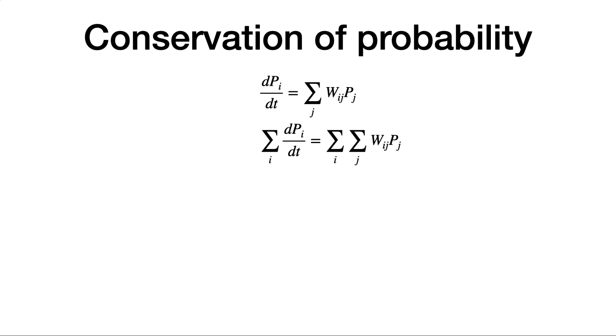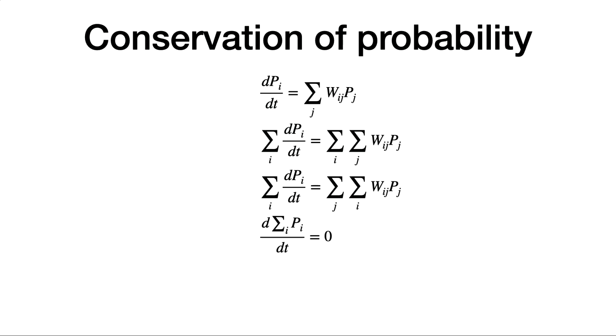Here I can interchange the sum i and j. I can put this i this side and j this side. This is what I have done here. But when I keep j fixed and sum over i, I am doing the column sum. W1j plus W2j plus W3j, but column sum we know is 0, therefore we get this answer.